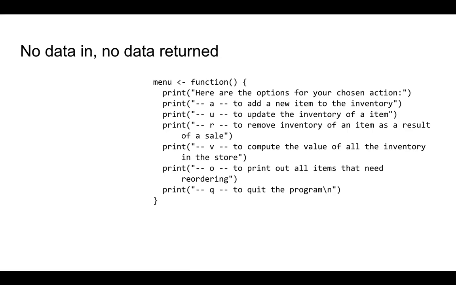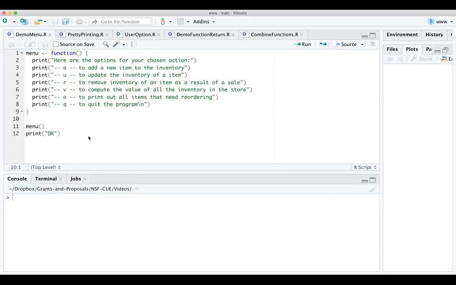For example, let's consider a function that displays a menu for an inventory maintenance system. We can call that function with a very simple statement that I have here on the left, but we'll see at the end of the code when we go into R. So let's see what happens when we run it.